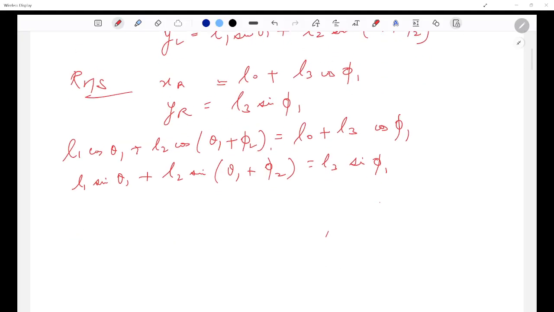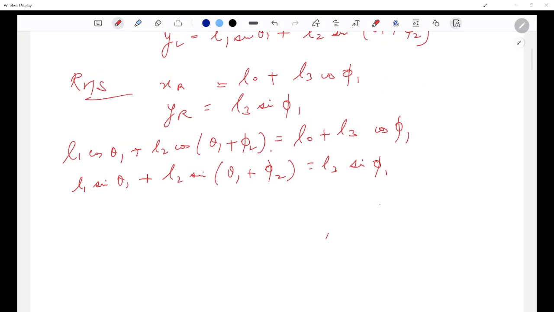After doing this, what do we do? How can we solve this? Can we have all the terms constituting L0, L1 and L3 on the left side as the first term, and the second term consisting of all the sine terms, and on the right side can we have L2 square?